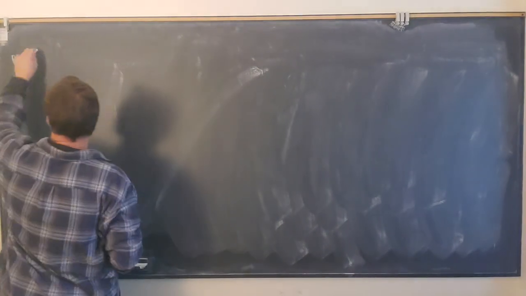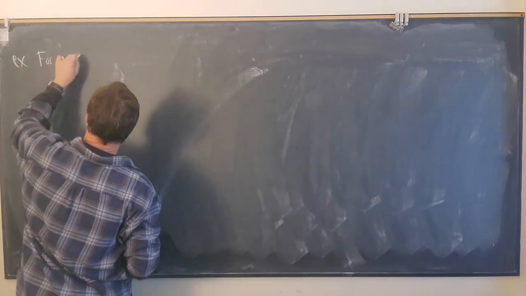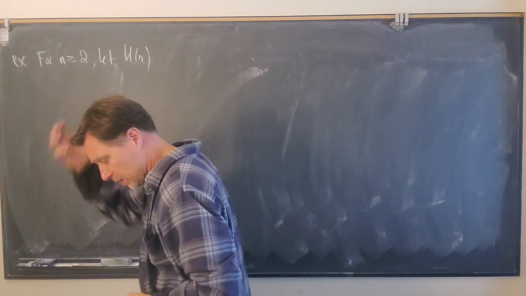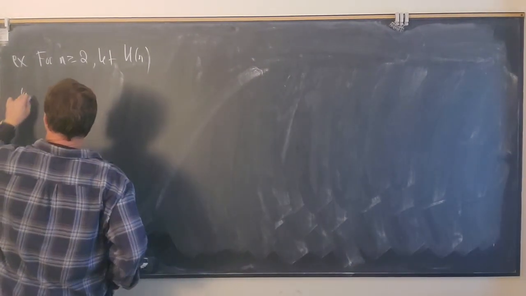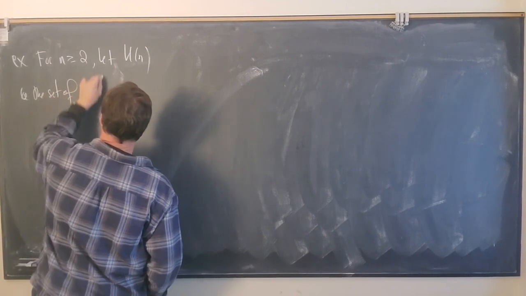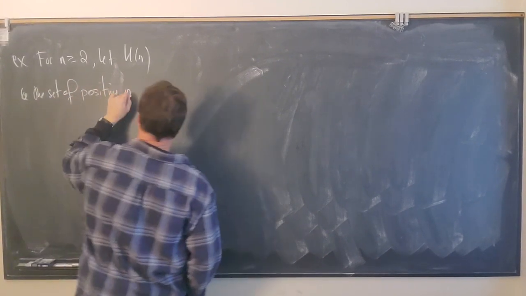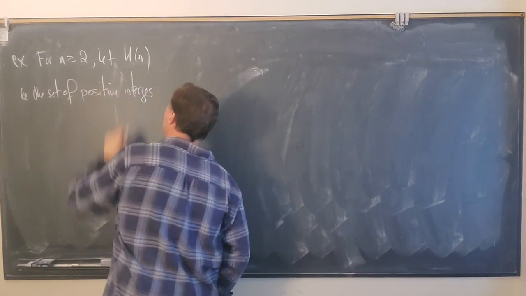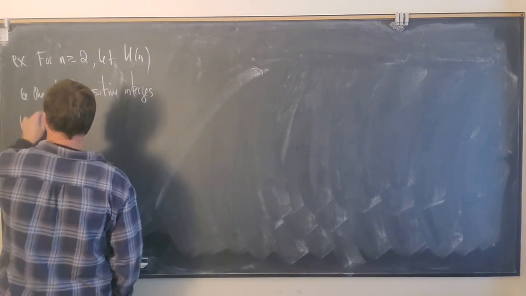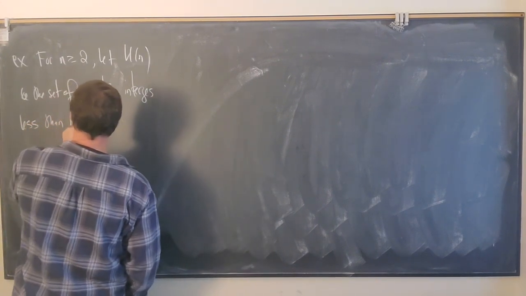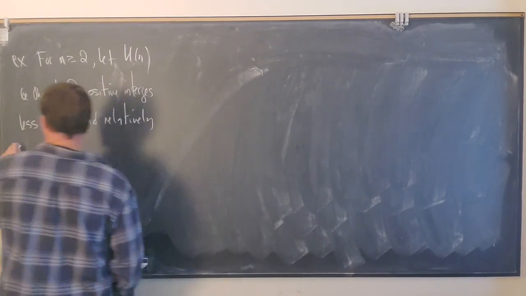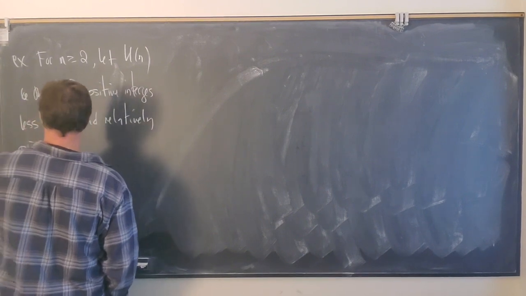So for n greater than or equal to 2, let U sub n be the set of positive integers that are less than n and relatively prime to n.